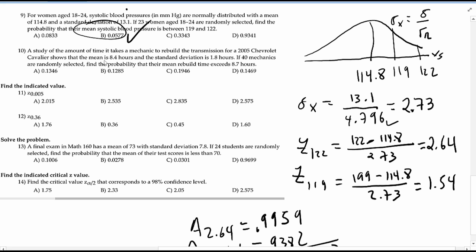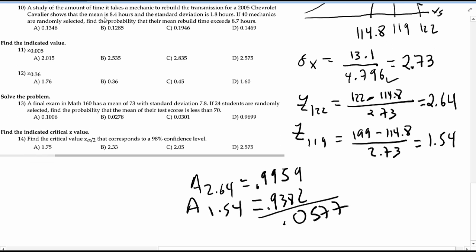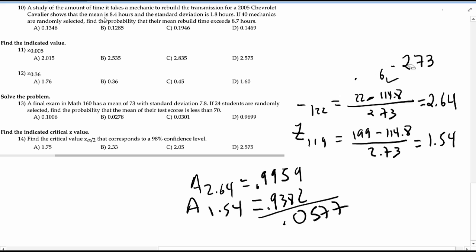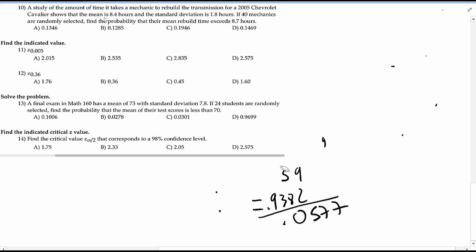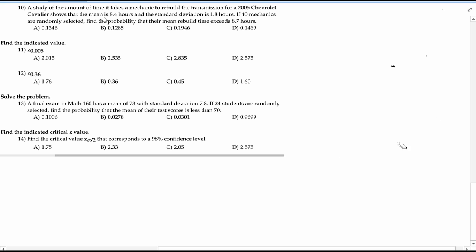Let's do problem 10. So let's erase this thing right here. All right, so problem number 10 says that the amount of time it takes a mechanic to rebuild a transmission for a given car is 8.4 hours with a given standard deviation.